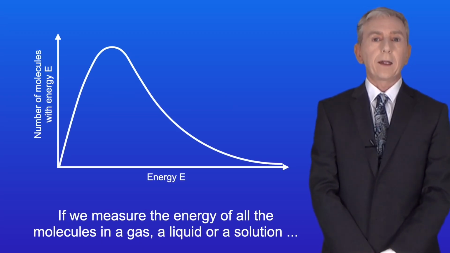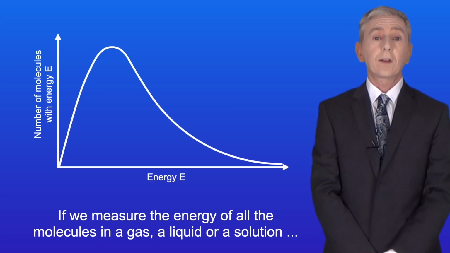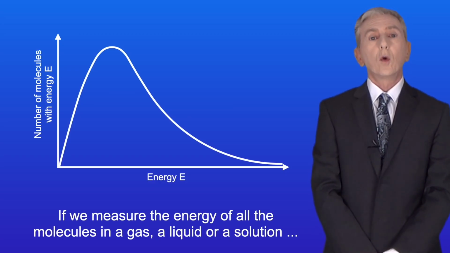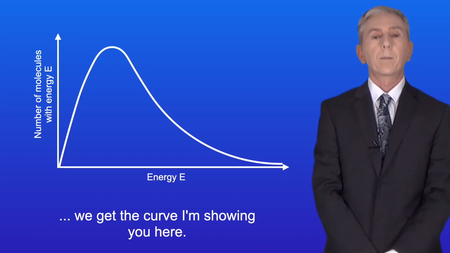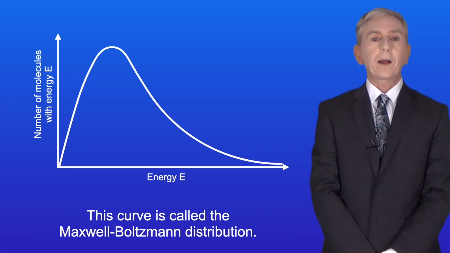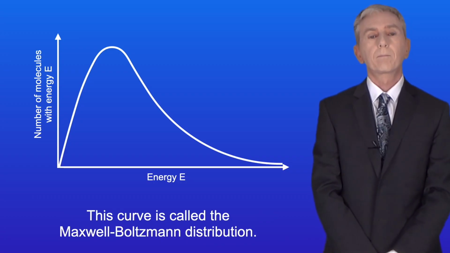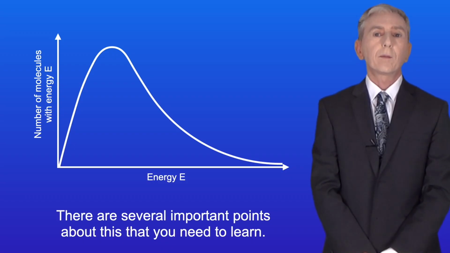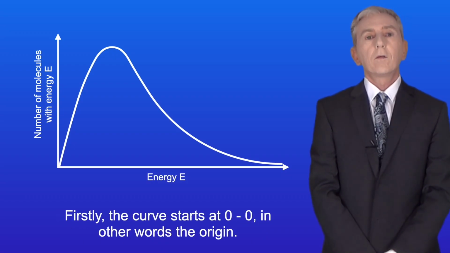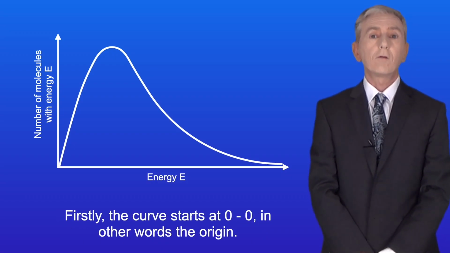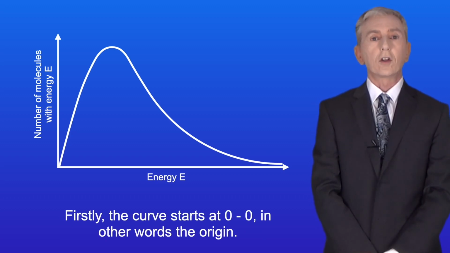Now, if we measure the energy of all the molecules in a gas, a liquid, or a solution, we get the curve I'm showing you here. This curve is called the Maxwell-Boltzmann distribution. There are several important points about this that you need to learn. Firstly, the curve starts at 0, 0, in other words, the origin.